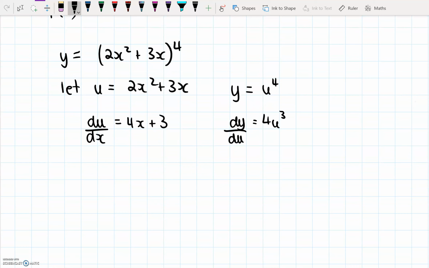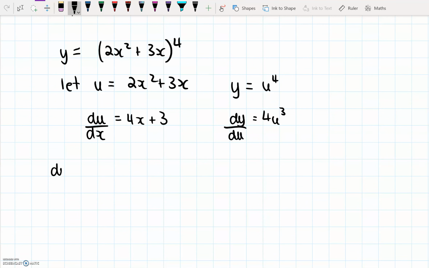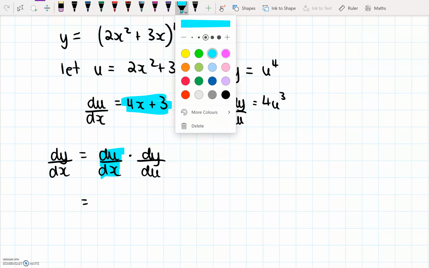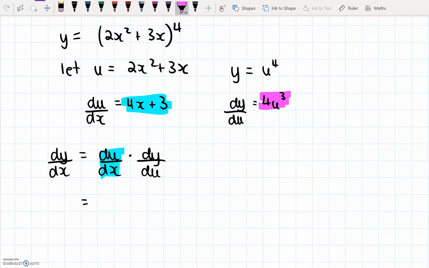Now remember our formula, dy dx is equal to du dx times dy du. So we just multiply those two things together that we just calculated, because du dx is here and dy du is here.